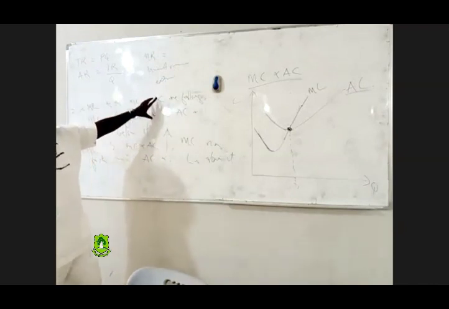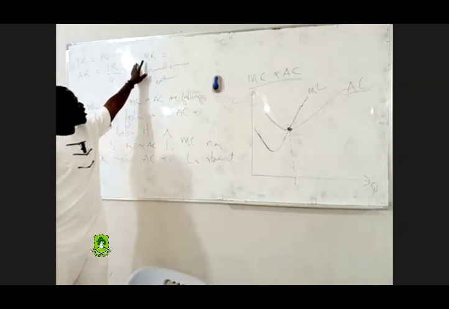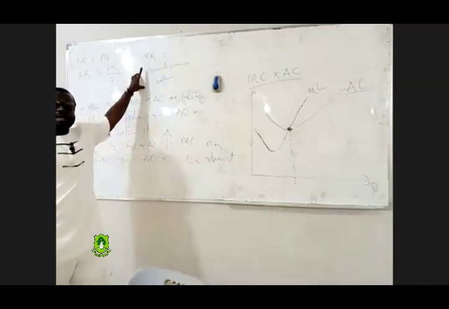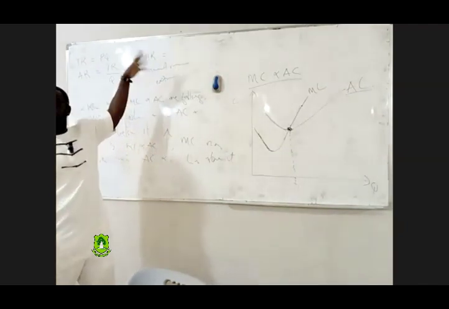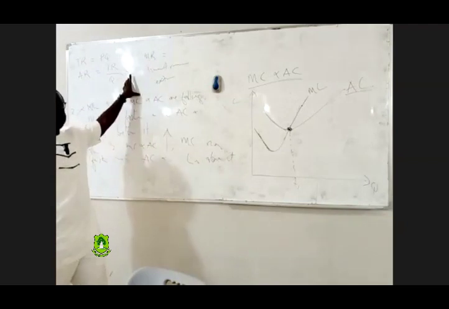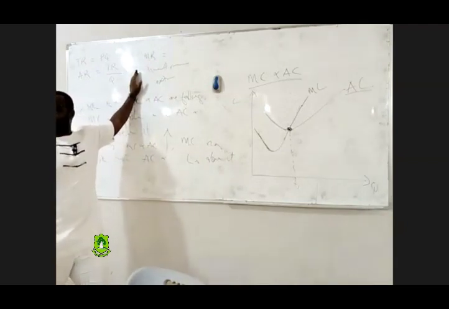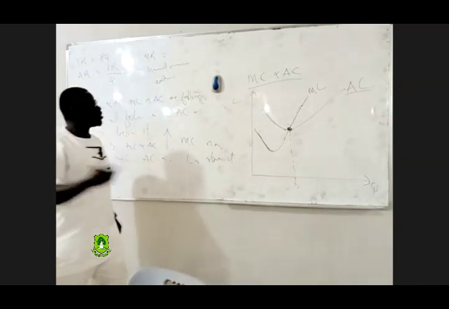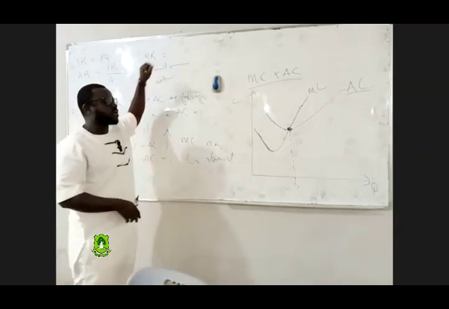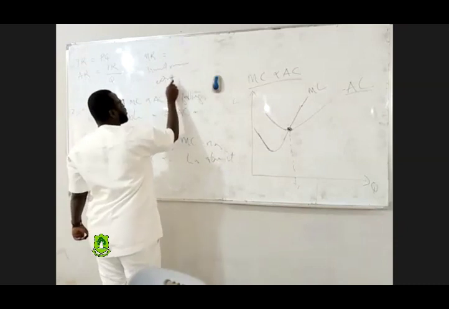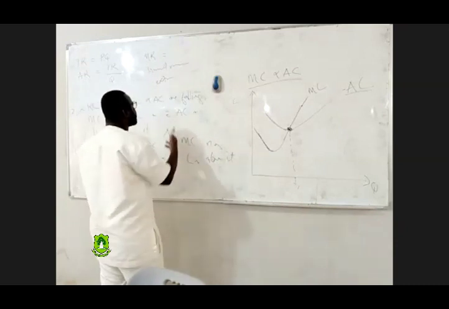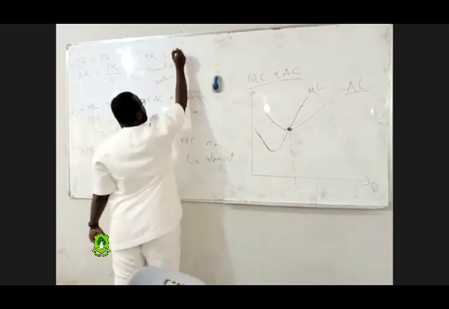Remember the cost side, we're talking about marginal cost, the extra cost you will incur for producing extra units. Then from the revenue, it is the extra revenue that you will get from the sale of extra or additional units of what? Output.